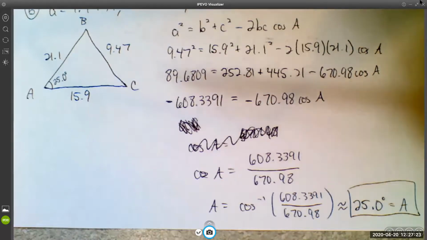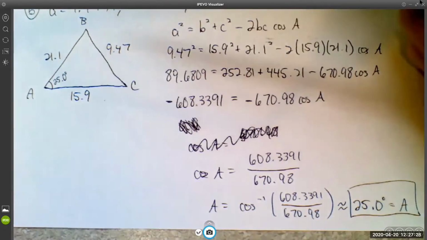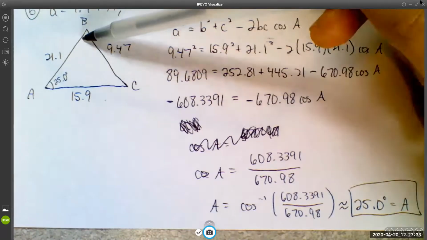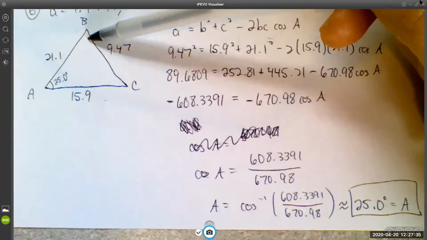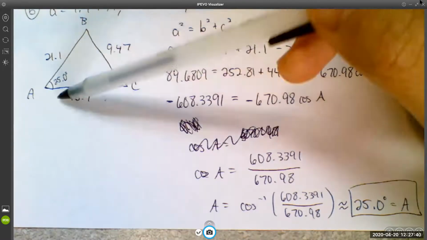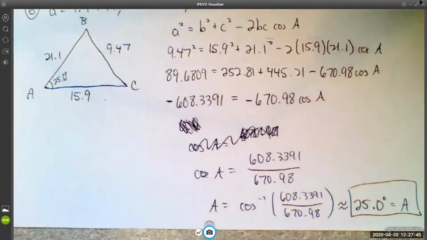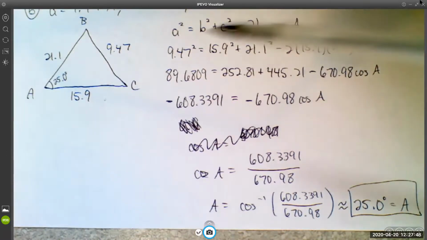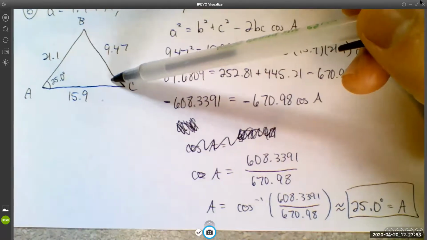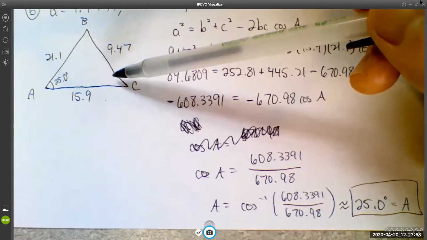You could say b squared equals a squared plus c squared minus 2ac cosine B, and solve for angle B that way. Then you can say 180 minus that equals angle C, and you're done. Or you could do the same thing with angle C, using law of cosines to find it.